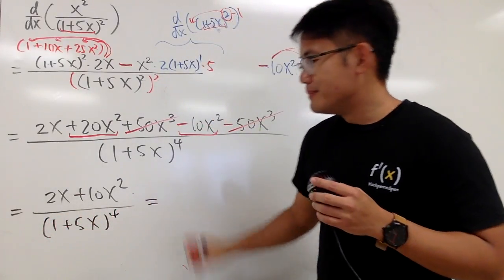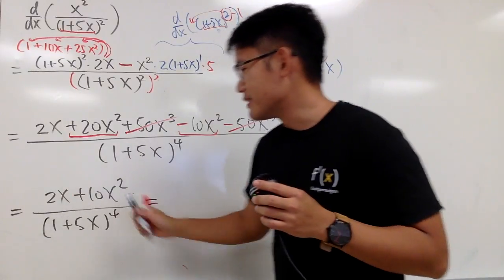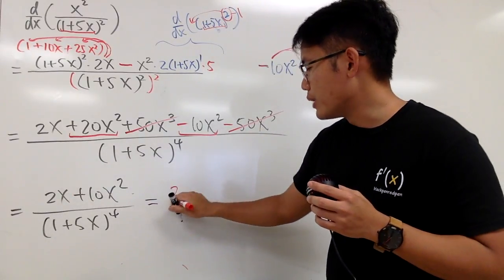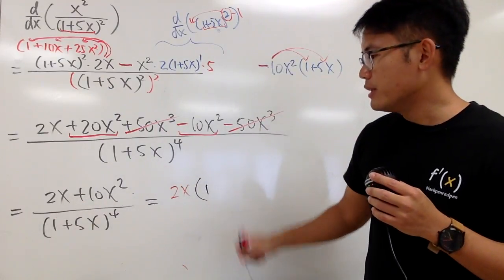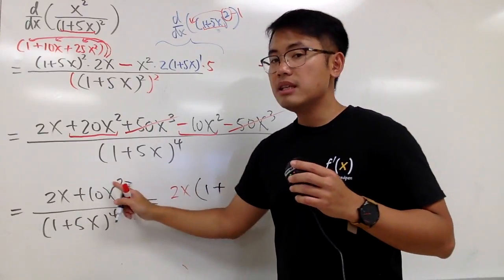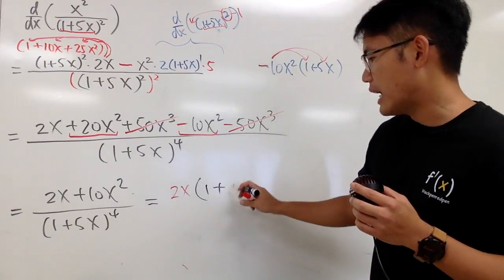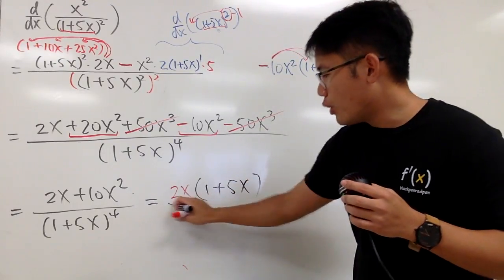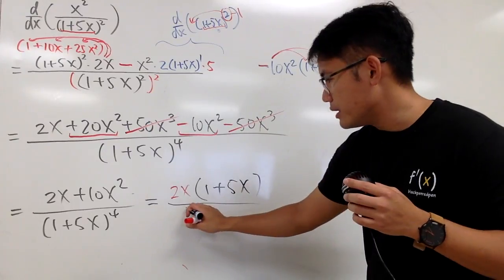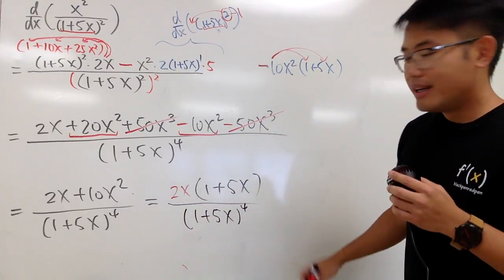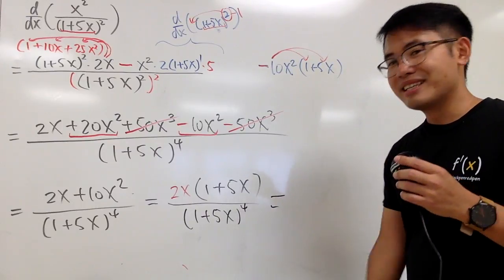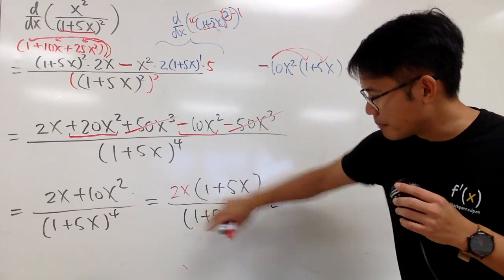And then on the top, we can factor things out. Let me factor out 2x. And then 2x becomes 1 in this parentheses plus this, you factor out the 2x, so we have 5x over that right here, namely 1 plus 5x to the fourth power. And notice this and that, they have the same parentheses, same base.